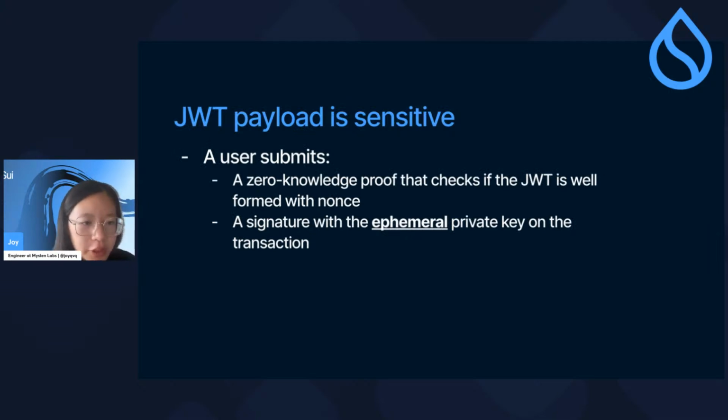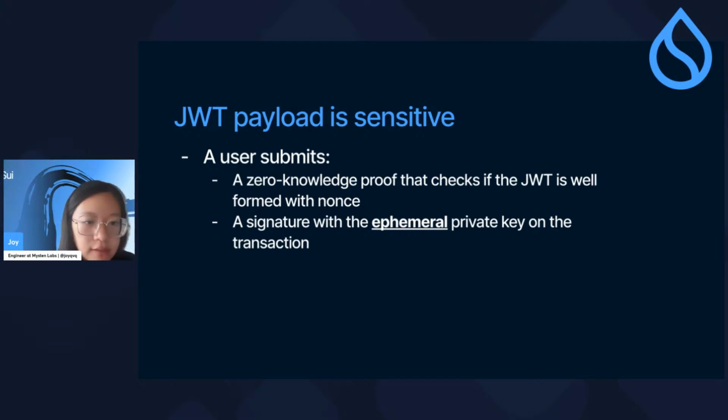So I haven't mentioned the zk part of zkLogin yet. So far, we are able to use Google as a credential issuer that makes you commit to a public key, and then you use this private key to sign a transaction. But there's one problem here, which is that the JWT token is actually quite sensitive.